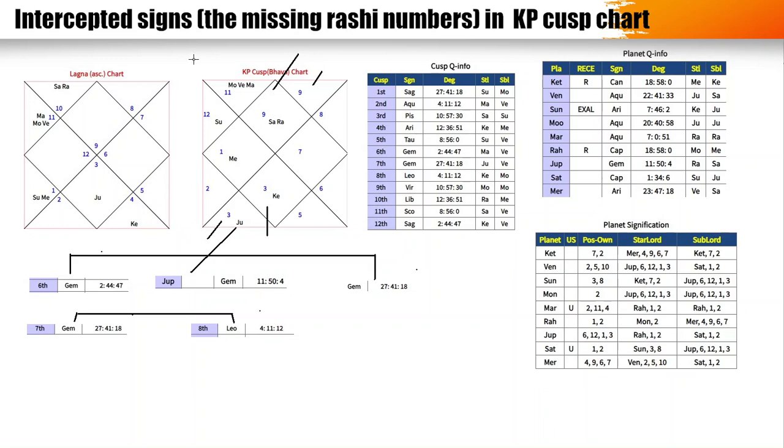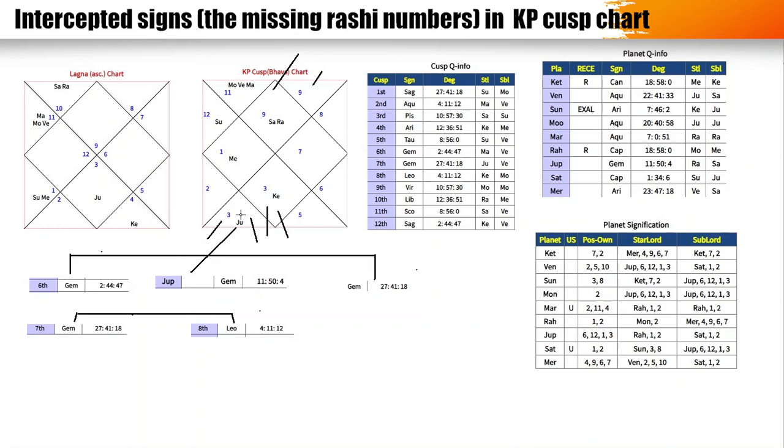what happens when you have a horoscope with an intercepted sign. This particular horoscope that I have shown over here actually belongs to a person, so I know about that person. Here you see the sixth is ruled by Mercury and the seventh is also ruled by Mercury. So one of the interpretations you might think is that Mercury shows marriage and Mercury also shows denial of marriage because it is the significator of the sixth also, right?